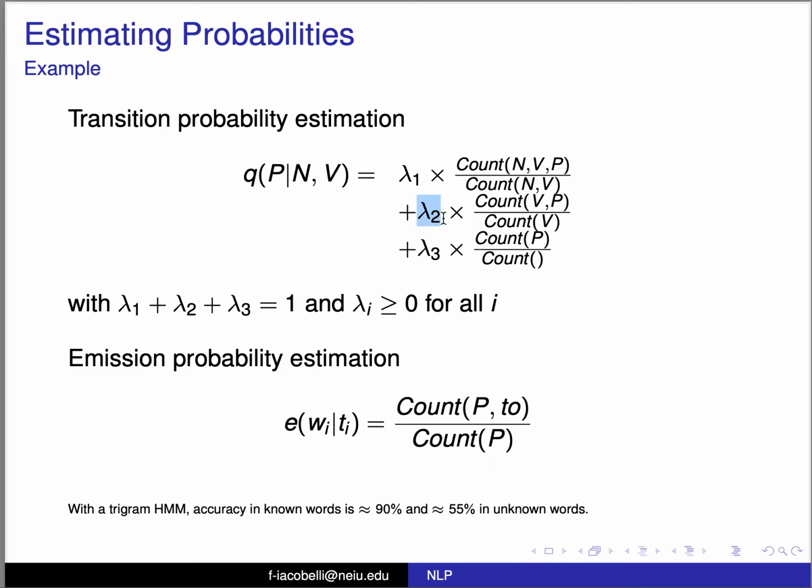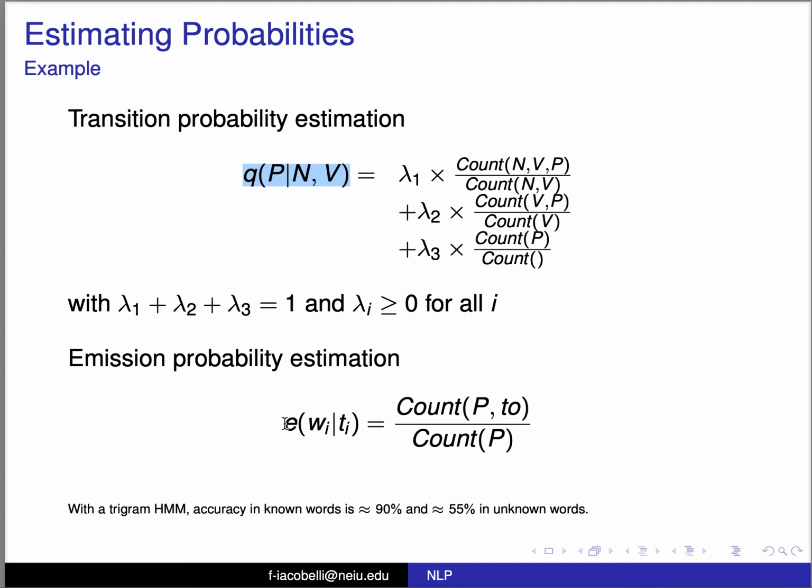Plus a second multiplier, hopefully a lot smaller, that multiplies the probability of the bigram of verb and P. Plus a lambda 3, an even smaller multiplier, that counts how many P tags there are out of the whole tagged corpus. That would be how I determine the probability of P following N and V.